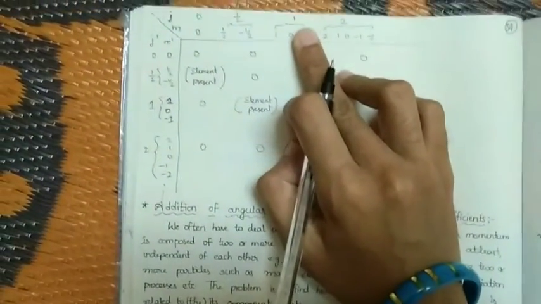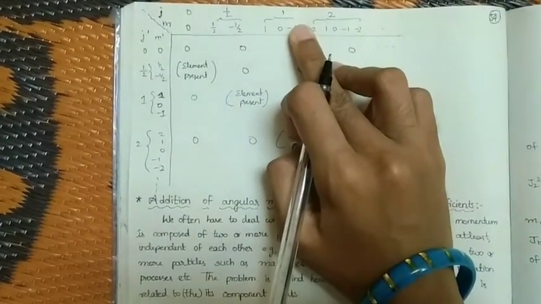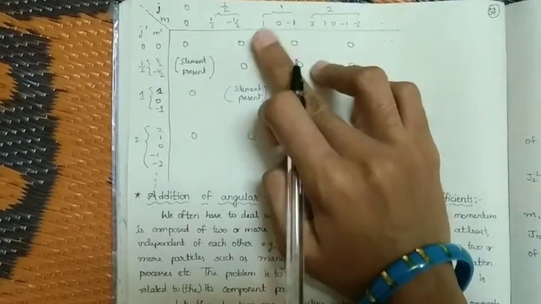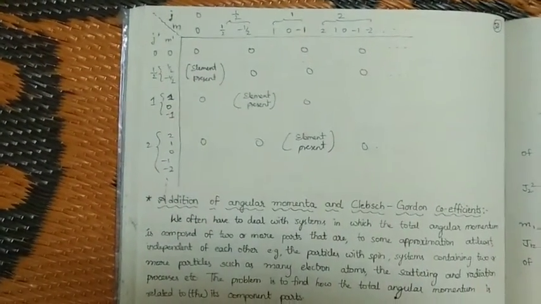Next for j equal to 1, we have three possible m values, 2 into 1 plus 1 equals 3, so minus j to plus j, that is minus 1, 0, 1. Like that, these many values are there for a given j value.